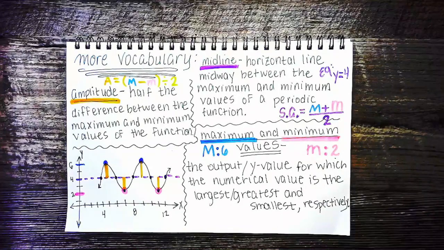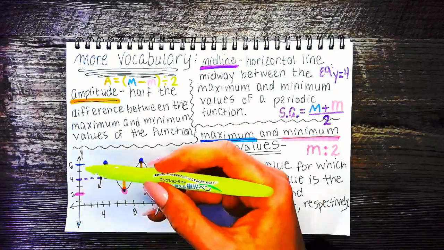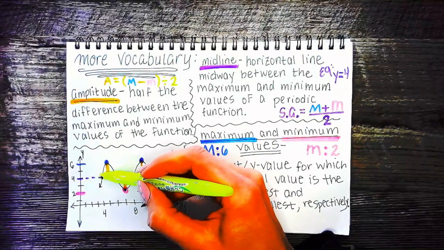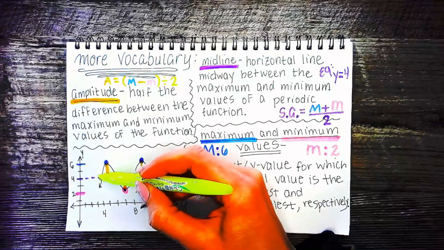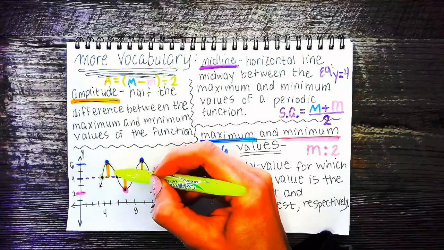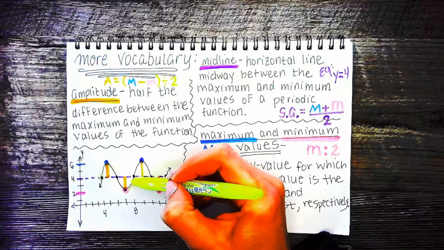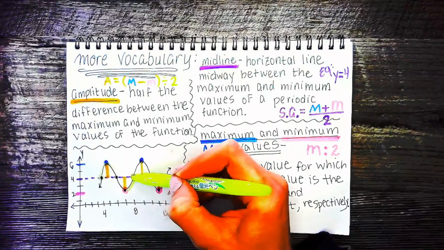The other two vocabulary words that we saw earlier were period and cycle. I could describe a cycle of this periodic function in a few different ways. One way to describe it is, say, from this point right here until this right here.